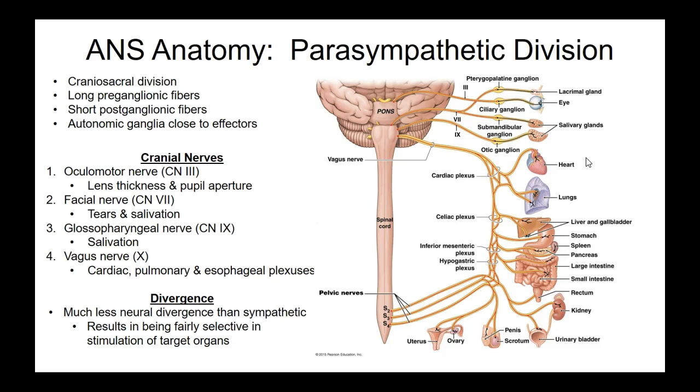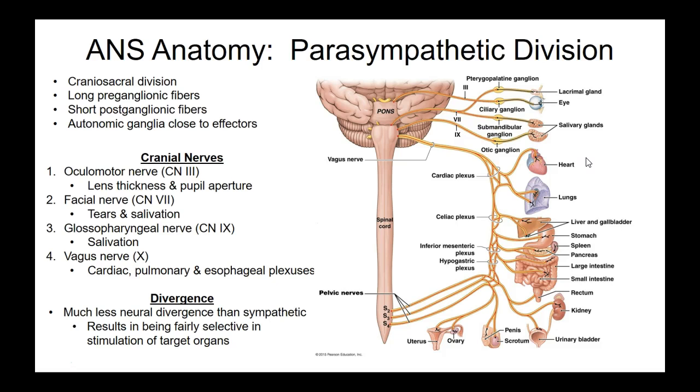Major cranial nerves, the big one here is this guy, the vagus nerve, right? So vagus nerve. There's a few other ones. So here, facial nerves involved with salivation and tears. Salivation is also controlled somewhat by the glossopharyngeal nerve.